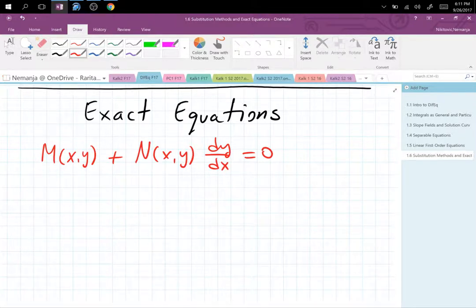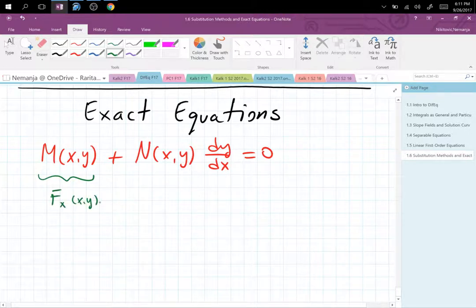So this guy here is actually the partial derivative of f with respect to x. And this guy here is the partial derivative of f with respect to y of x and y.